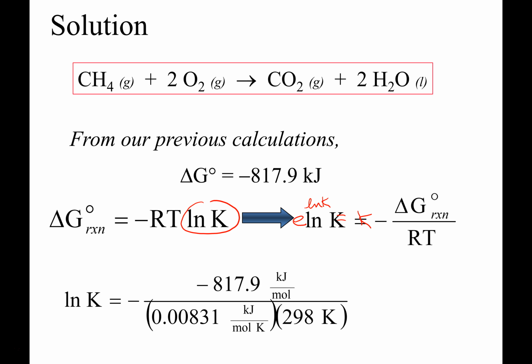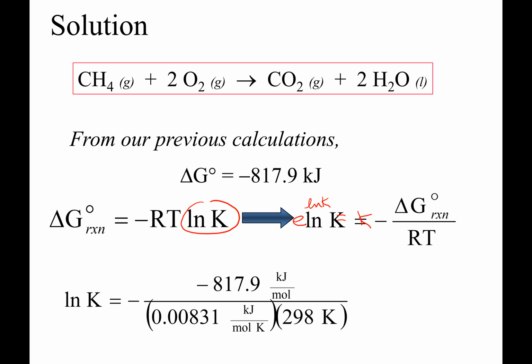I'm going to kind of do it in stages. So here I've got the ln of K is equal to negative 817.9 kilojoules per mole over R, 0.00831 kilojoules per mole Kelvin, and then also in the denominator, 298 Kelvin.